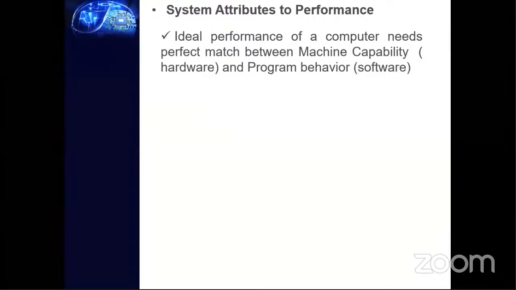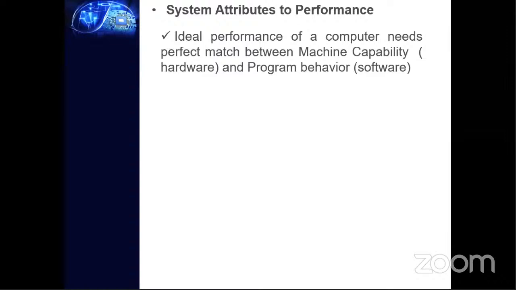The ideal performance, the maximal performance of a computer in general, or the ideal performance of a parallel computer, needs a perfect match between the machine capability, that means hardware, and the program behavior, that means software.